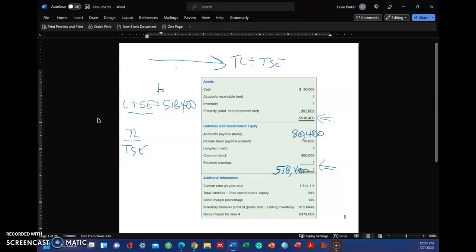But it makes more sense when I do it that way. Instead of 80%, we'll put it in decimal: total liabilities divided by total stockholders' equity, and that's over 1, obviously. Instead of writing TSC, I'm just going to write SC.